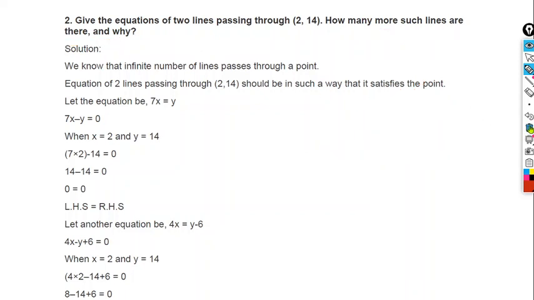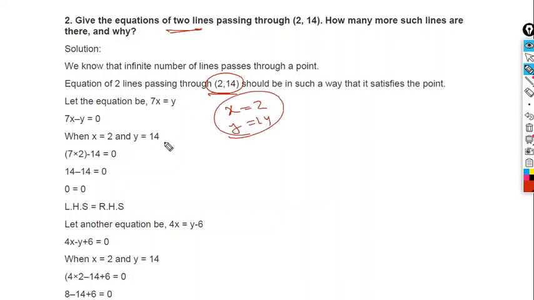Now, give the equation of two lines passing through it. Give two equations. So we'll start giving two equations now. We know the point 2, 14, so x equal to 2 and y equal to 14.